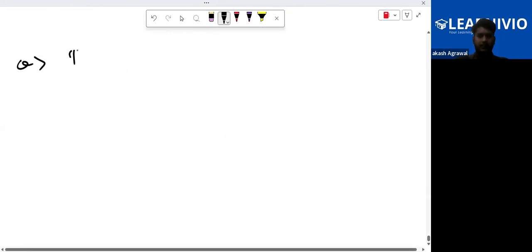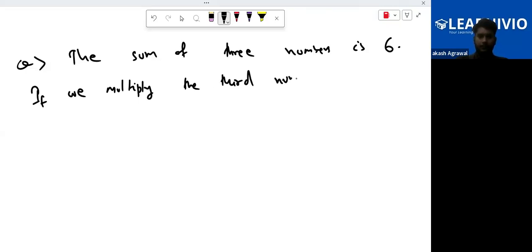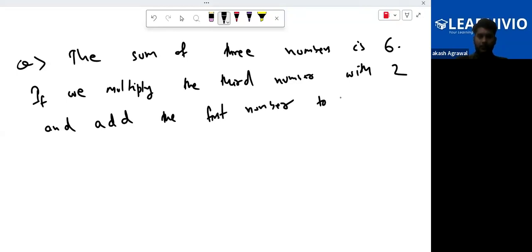One more question. They are saying the sum of three numbers is 6. If we multiply the third number with 2 and add the first number to the result, we get 7.